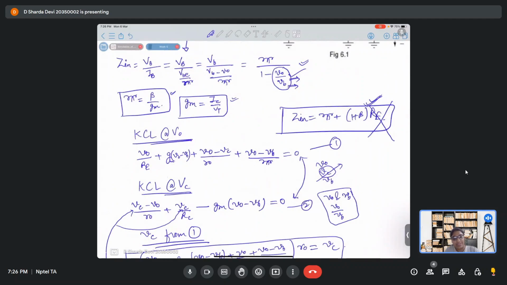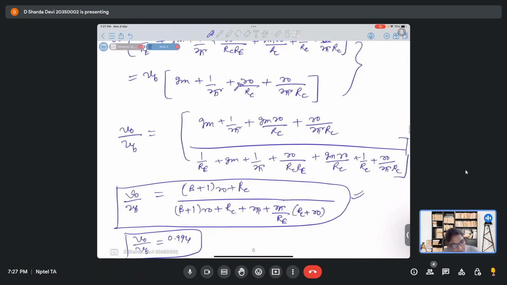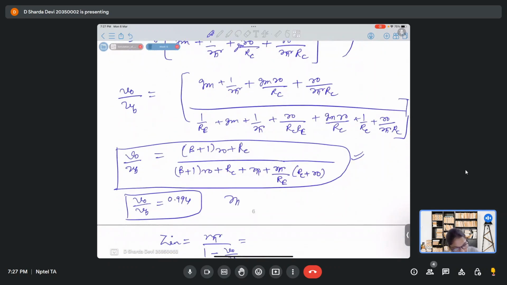We only wrote the expression and left it. So how much will this be? R pi will turn out to be, maybe we know the expressions, we can simply write from there. R pi is actually 5.2 kilo ohms. Yeah, R pi is 5.2 kilo ohms.